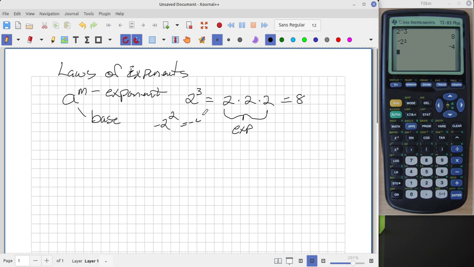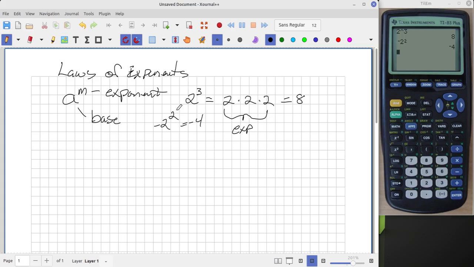And you might be scratching your head and saying, wait a minute, we got a negative times a negative, isn't that a positive? We get into how the calculator thinks a little bit here, and this is really why I mention this, because this is important. When a calculator sees an expression like this, it's got a negative in front of this base.